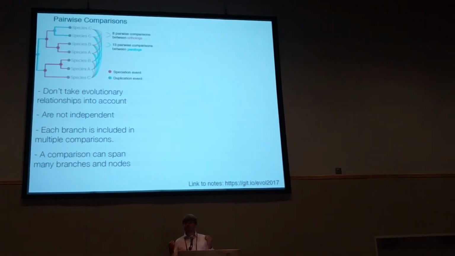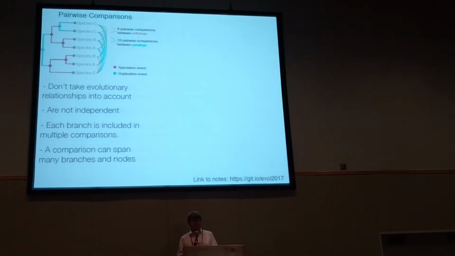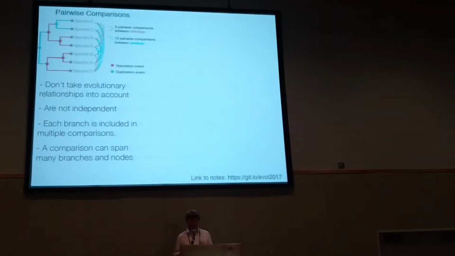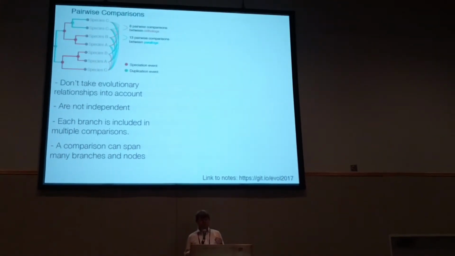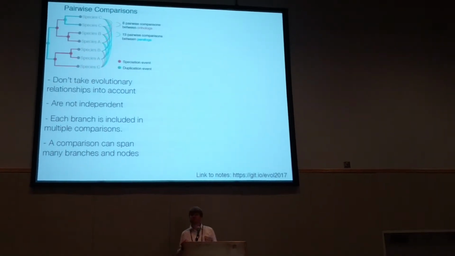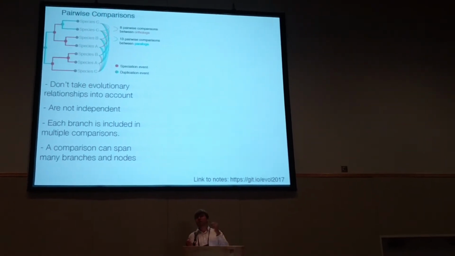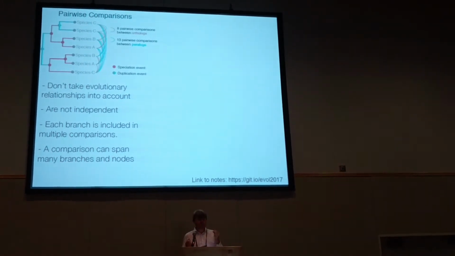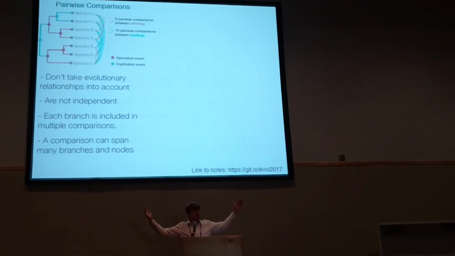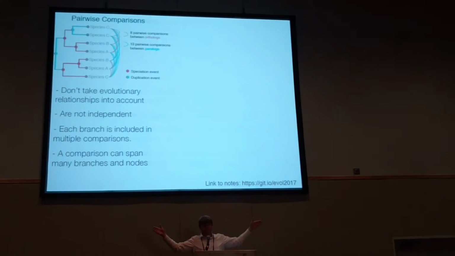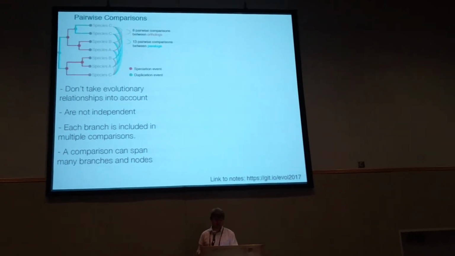These approaches don't take into account evolutionary relationships, and they're therefore not independent. And so each branch is included in multiple comparisons. So you're getting the exact same evolutionary changes cropping up in multiple pairwise comparisons. And also these pairwise comparisons are a very blunt tool because they're looking at very distantly related genes often, and they can't really pinpoint where on the tree the changes are happening.